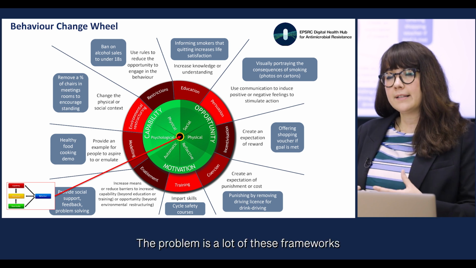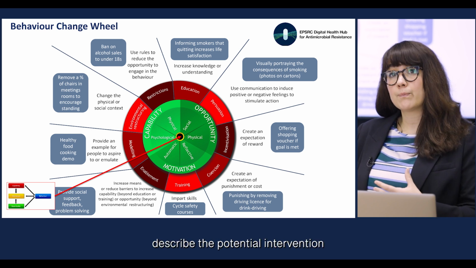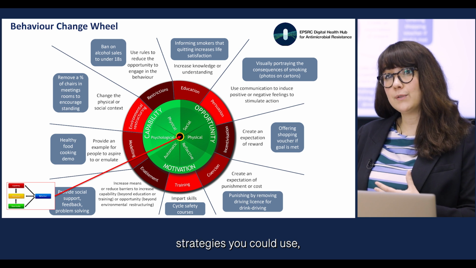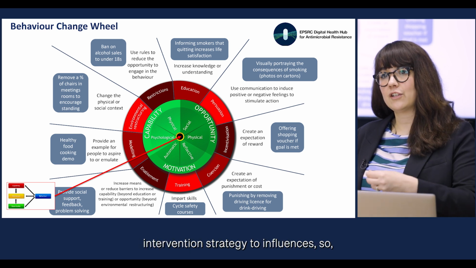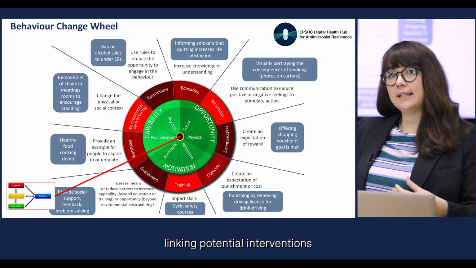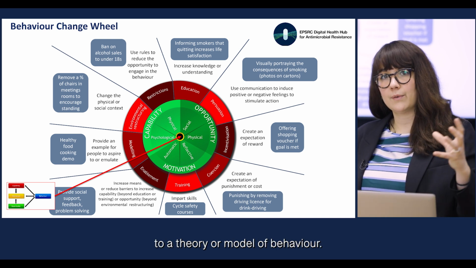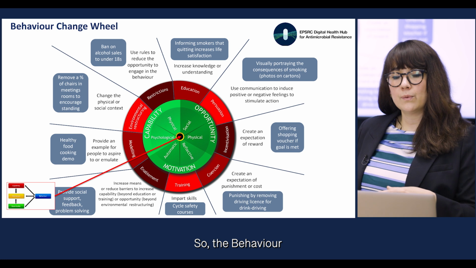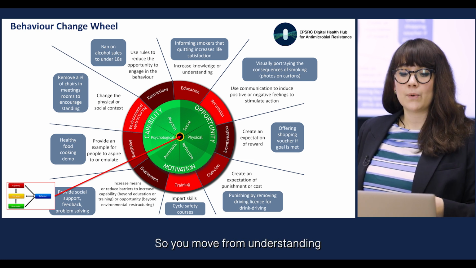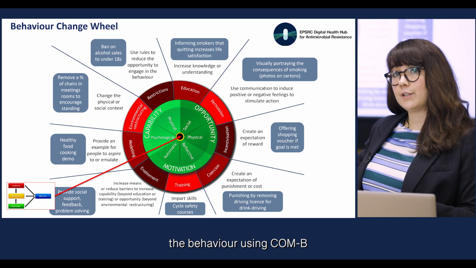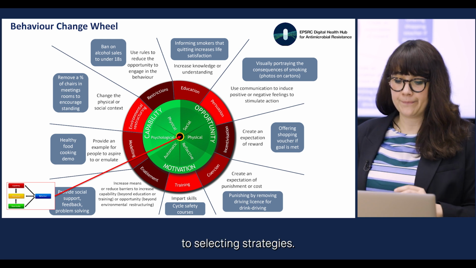The problem is a lot of these frameworks out there describe the potential intervention strategies you could use, but didn't provide a basis for linking that intervention strategy to influences, so linking potential interventions to a theory or model of behavior. So the behavior change wheel very much has COM-B at its hub. So you move from understanding the behavior using COM-B to selecting strategies.